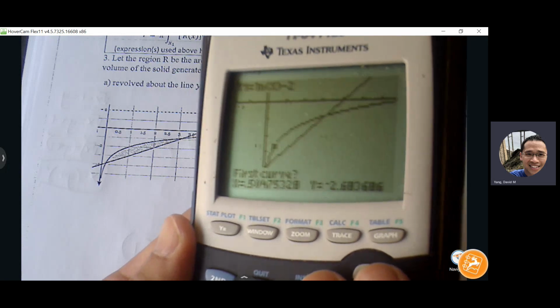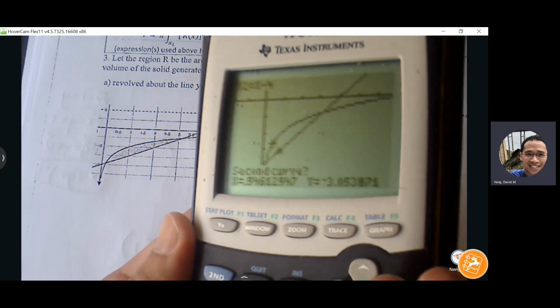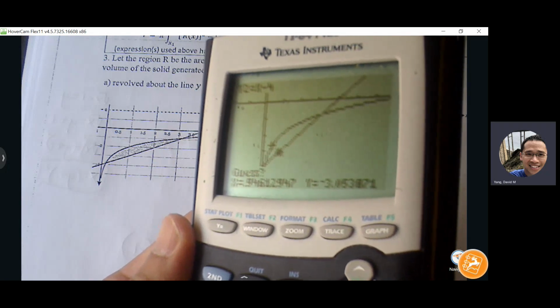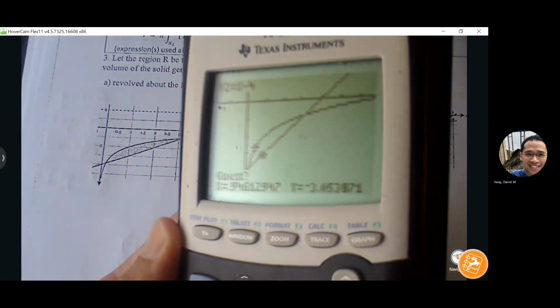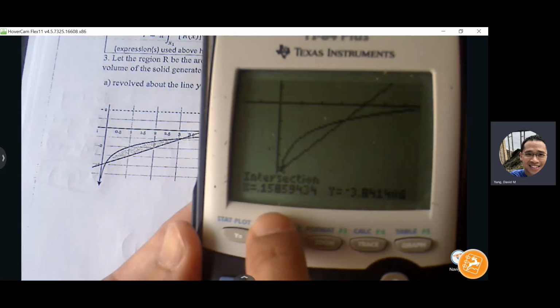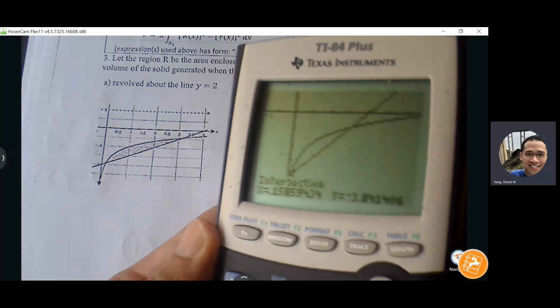I move close to my first intersection, hit enter. Second curve. Right now, I'm just telling the calculator which curves to consider. It's going to say guess, hit enter again, and it finds that first intersection for me: 0.158 and negative 3.84.